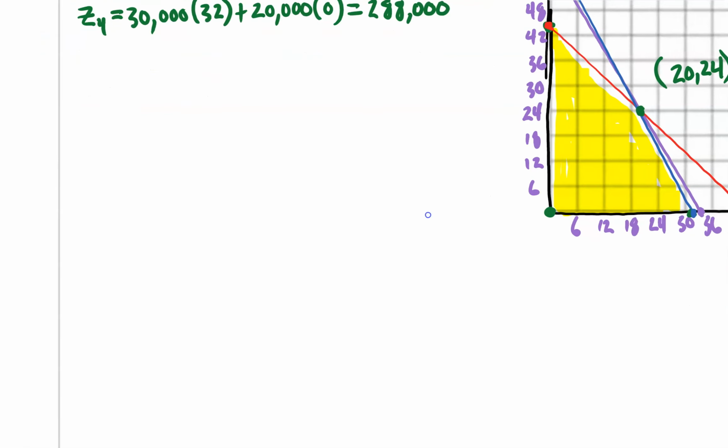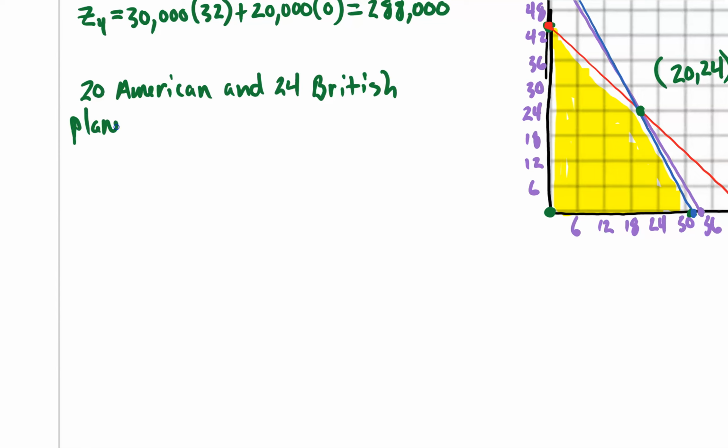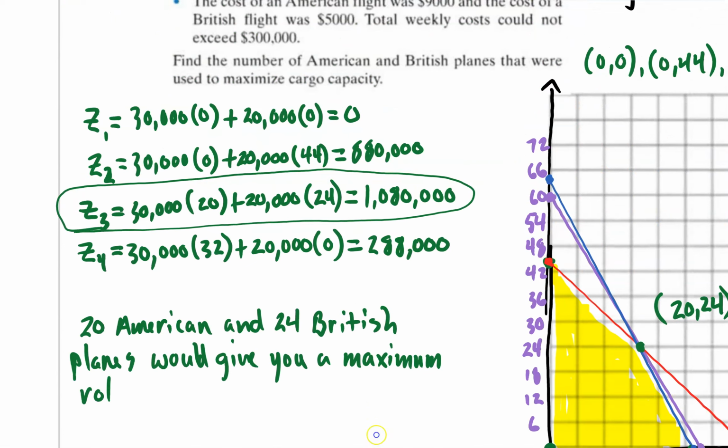And so we would say that we would have 20 American planes and 24 British planes would give you a maximum volume, or what do they call this?